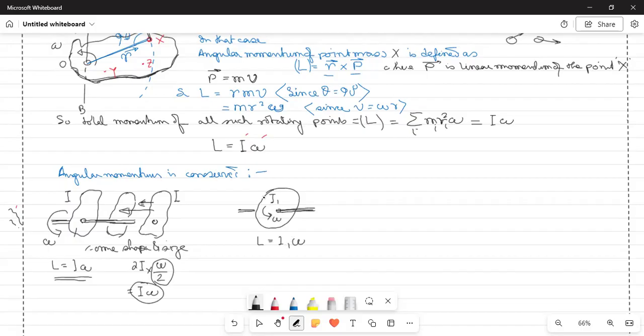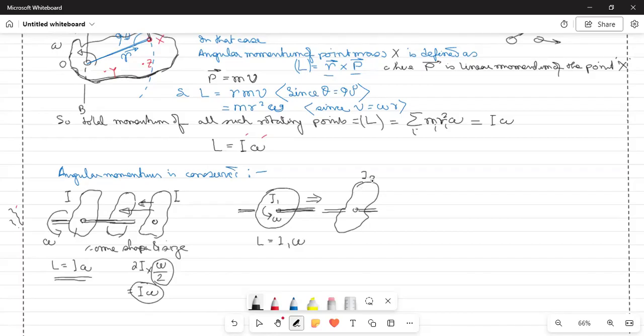Now let us say this body is made of some kind of plastic or non-rigid material. And let us say when it is revolving very fast, its body gets deformed. If the body gets deformed, its moment of inertia will change.